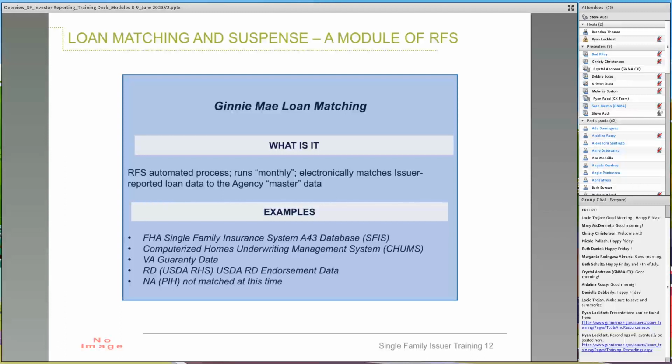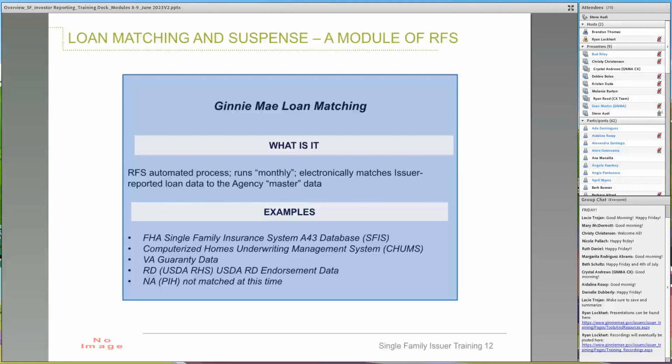Now the Ginnie Mae loan matching is an automated process that runs monthly. It matches your issuer reported loan data to agency data, and what we consider the agency data is master data. And so when you submit your loan data, we match it against the agency data for consistency or mismatches.